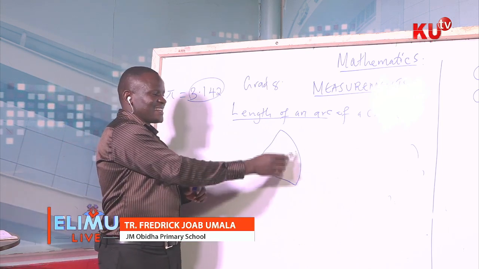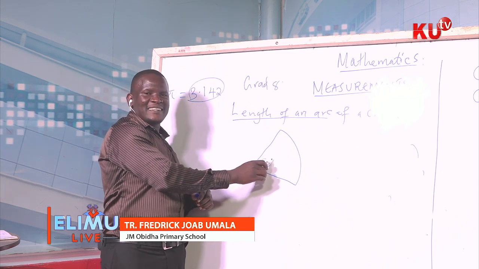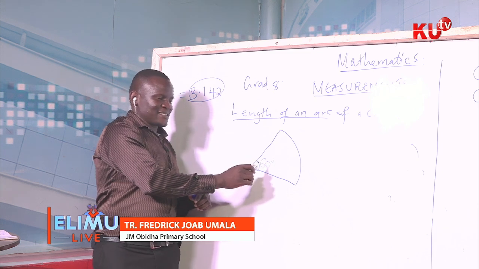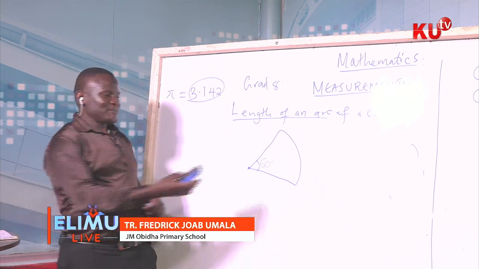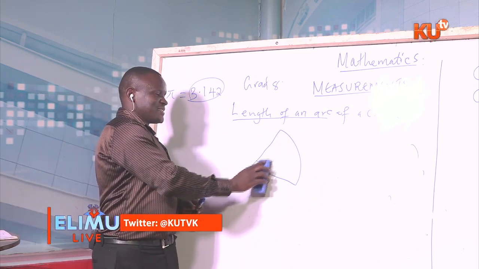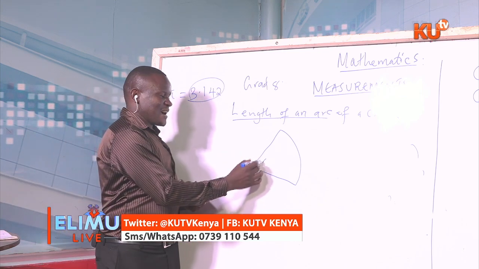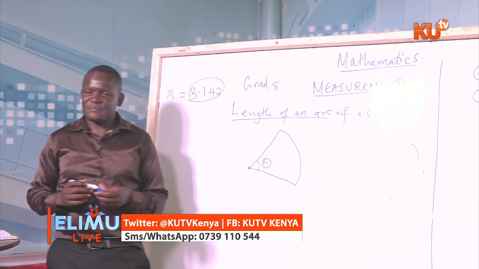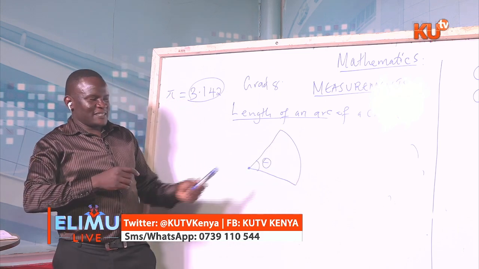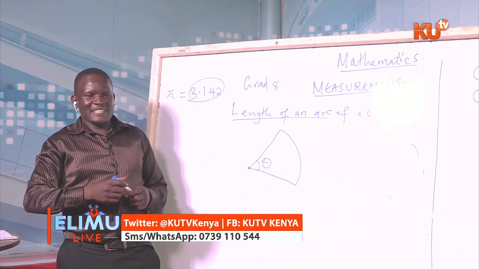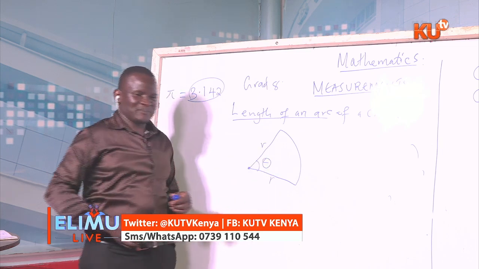So this arc may subtend, rather, let me not give it 60 degrees, we give it angle theta. The length of the arc subtends angle theta through the radius.